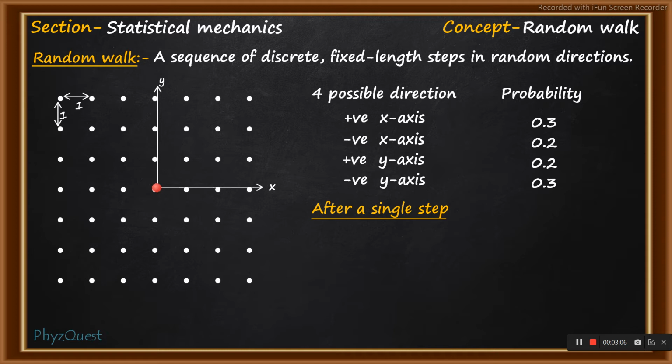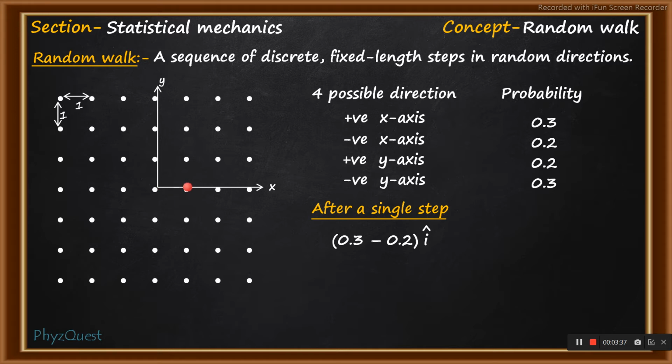The particle has a probability of moving in the positive x direction of 0.3 and negative x direction of 0.2. Since the negative x direction has a lesser probability, the particle will move towards the positive x direction overall, and its movement along x direction will be (0.3 minus 0.2) i cap.